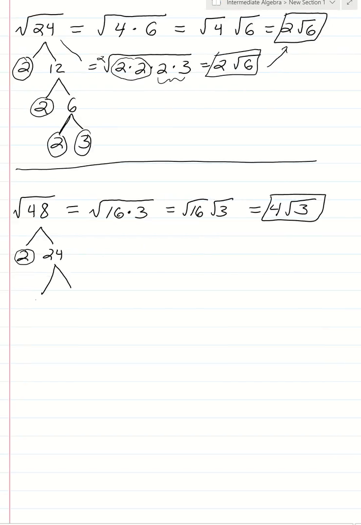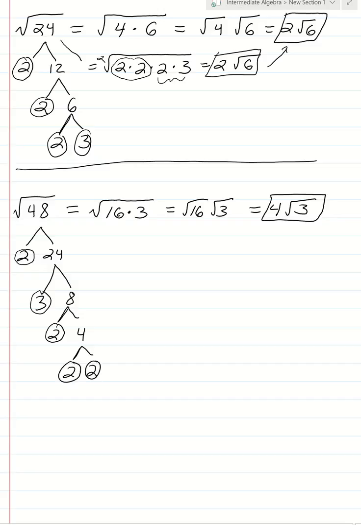You might use the factors 3 and 8. Well, 3 is prime, so we're going to leave that alone. The number 8, I'm going to break that up into 2 times 4. Well, 2 is prime, 4 is not. So I'm going to have to break up the number 4, and I will use the factors 2 and 2.